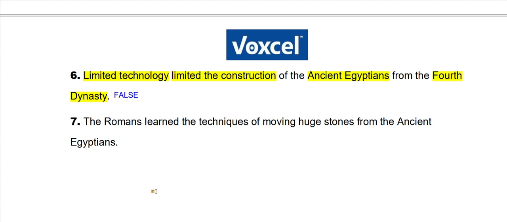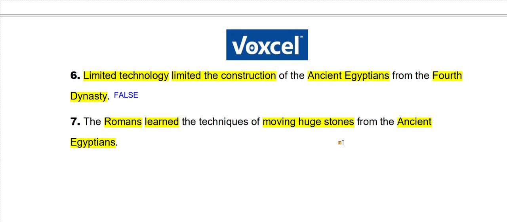Next question, last one. The Romans learned the techniques of moving huge stones from the ancient Egyptians. So they are saying Romans learned from ancient Egyptians. What they learned? Moving huge stones. Whenever the answer will be true, yes, when the Romans learned how to move huge stones from ancient Egyptians.